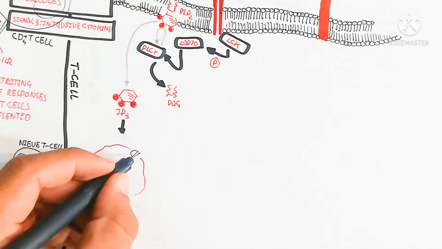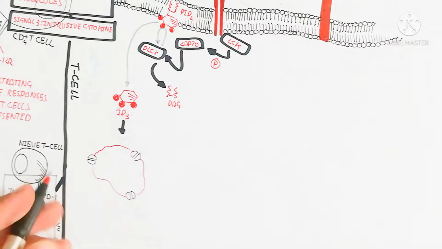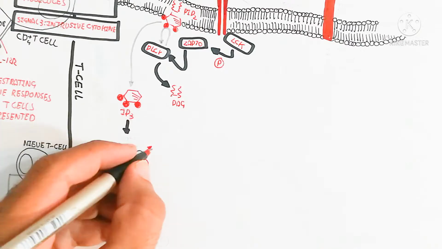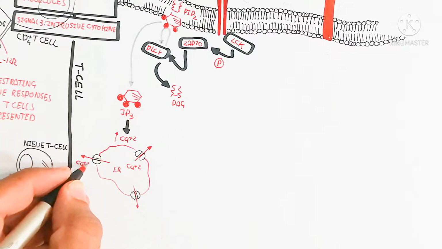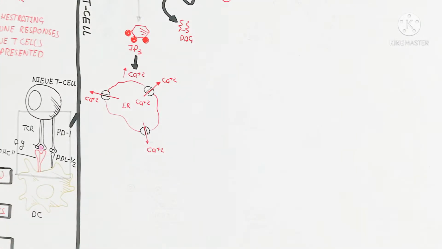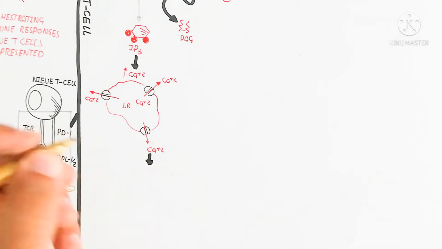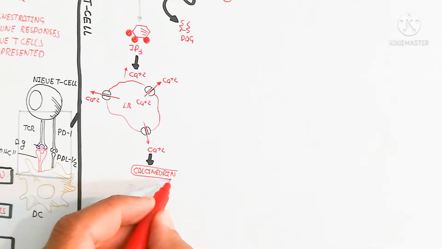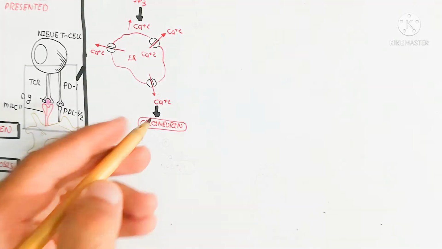Here you can see IP3 stimulates calcium efflux from the endoplasmic reticulum, and the calcium increase in the cytoplasm stimulates calcineurin, leading to a cascade of dephosphorylation of NFATC1. This NFATC1 is bound with the DNA.